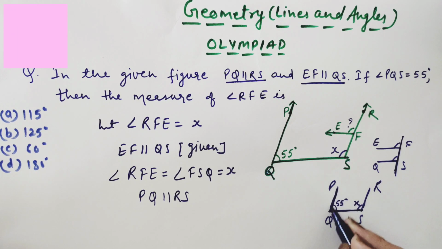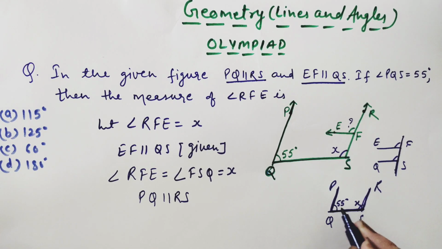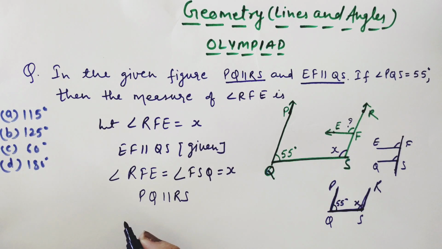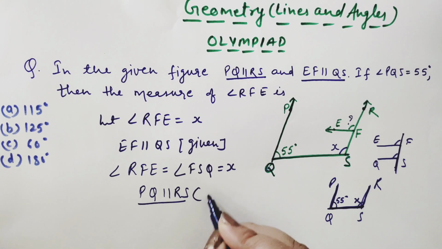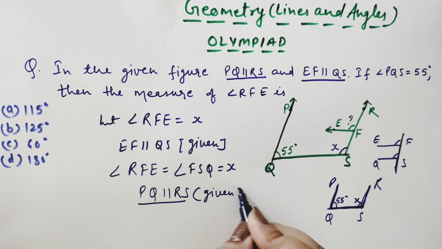Everybody knows that if two lines are parallel and one is the transversal, the sum of the two co-interior angles is equal to 180 degrees. So we apply the co-interior property on these two lines, PQ parallel to RS.